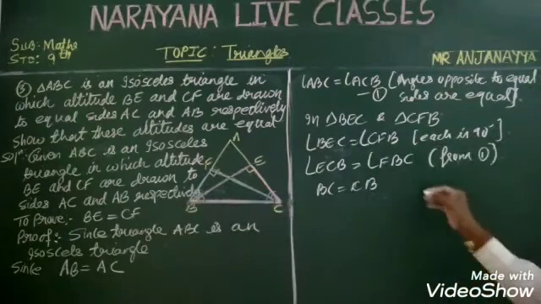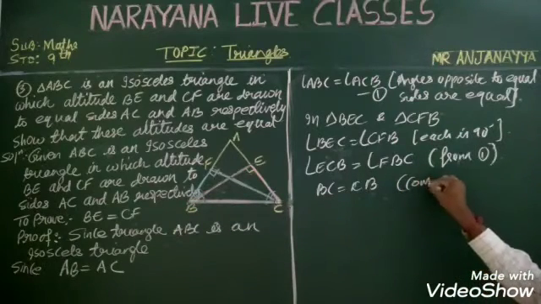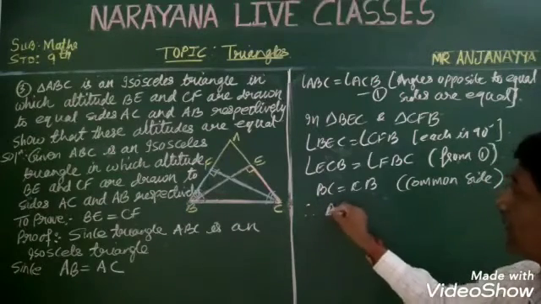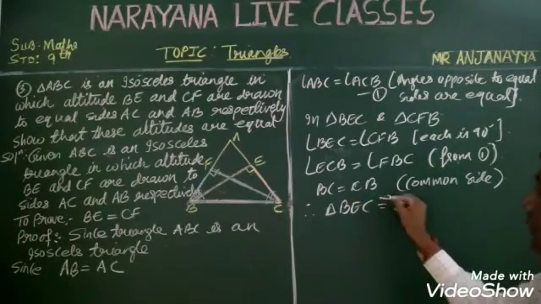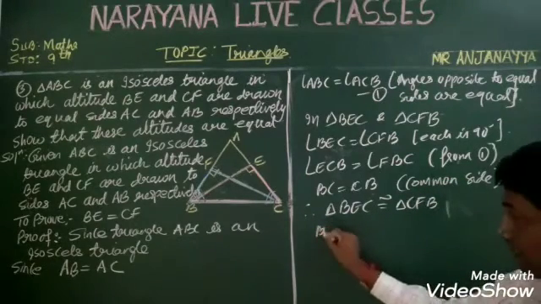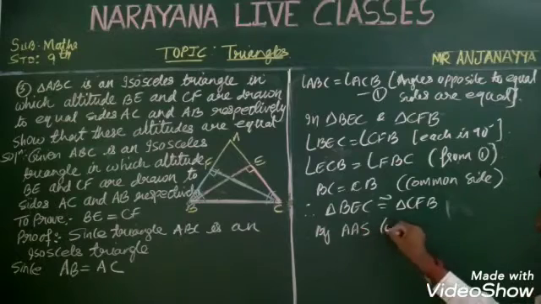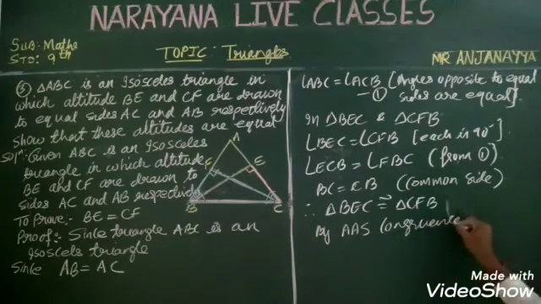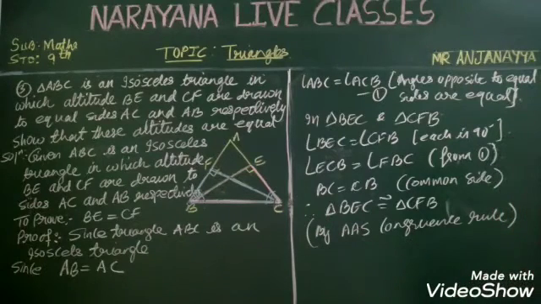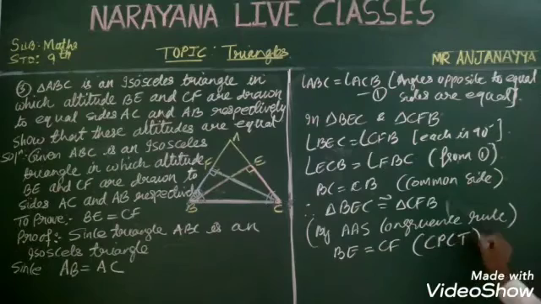BC, CB. Correct? We can say common side. Therefore, I can say triangle BEC is congruent to triangle CFB by AAS congruence rule. Now, if two triangles are congruent, we know corresponding parts of congruent triangles are equal. Therefore, I can say that BE is equal to CF. You will say CPCT.